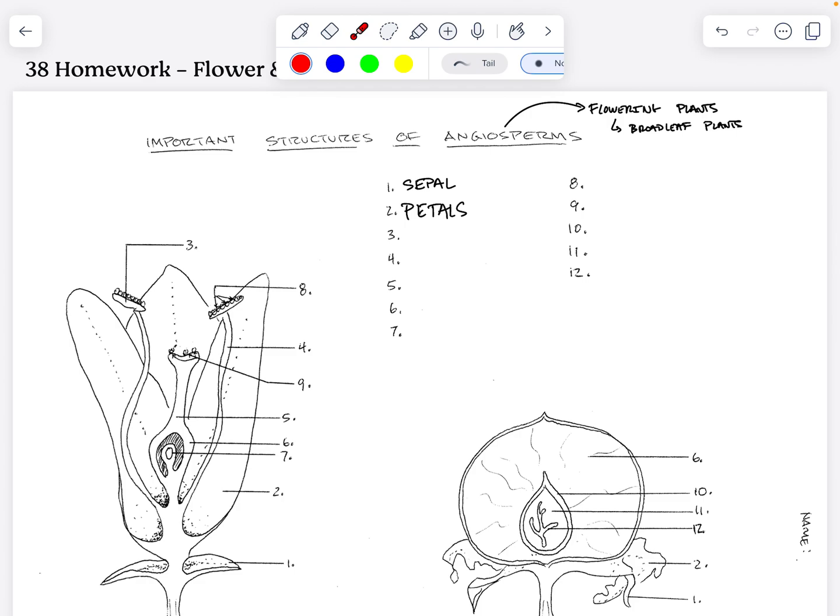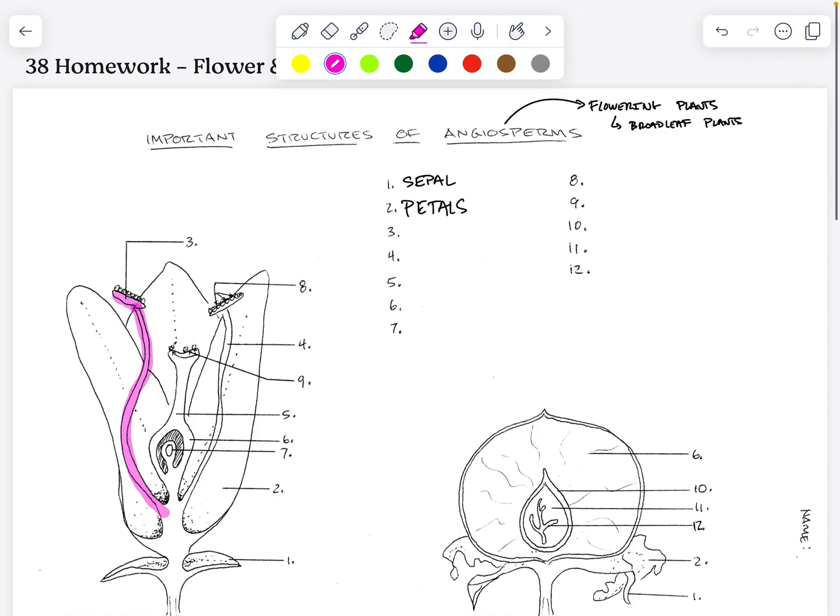Okay, structure 3 and 4. Let's start with structure 4. Structure 4 is this long structure here that I am going to color in pink. Structure 4 is called the filament. The filament has sitting on top of it a structure, this little doodah right here, which is called the anther.